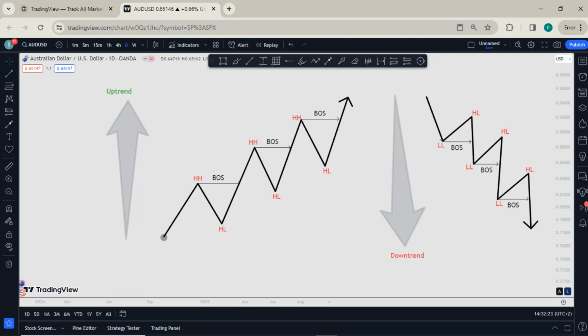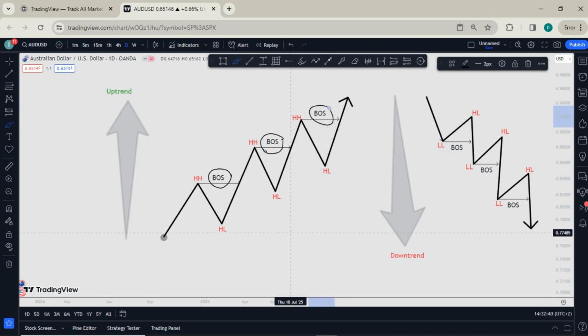Therefore, now we understand our break of structure. I want us to focus now on what is called an order block, right? So after the break of structure, it is created on an uptrend. The moment price breaks structure, what causes the break of structure?